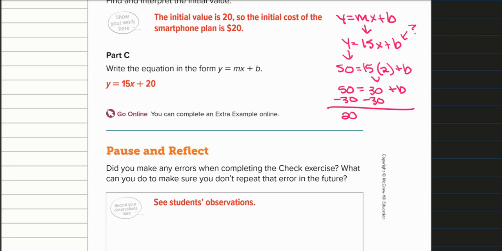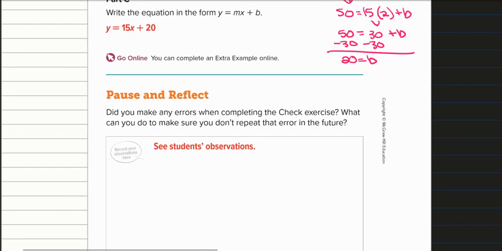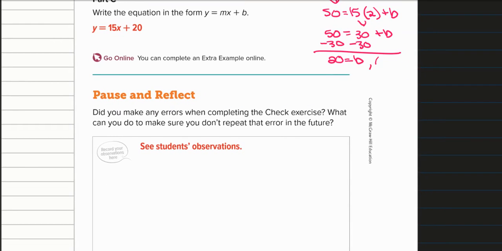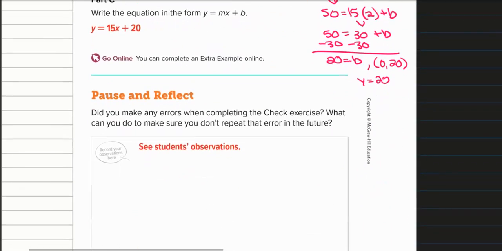We end up with 20 equals b. Because b is our y value, we could rewrite this as 0, 20. Our y equals 20, and our y stands for cost. So we need to remember that that stands for cost. So that's our $20.